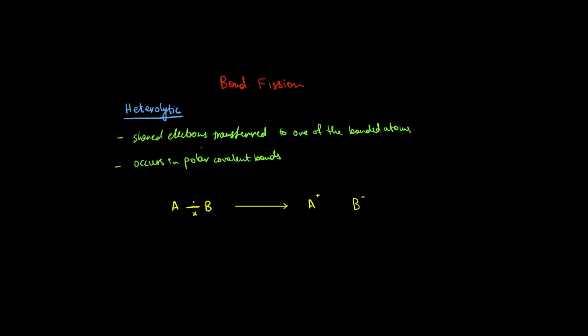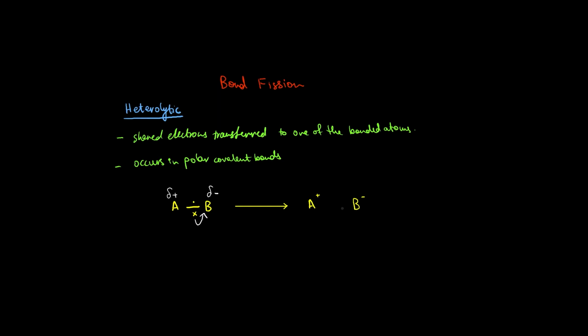Heterolytic fission occurs when shared electrons of a covalent bond are transferred to one of the bonded atoms, and this occurs in polar covalent bonds. Both of these electrons move towards the more electronegative atom. Whichever is the more electronegative atom has the partial negative charge, and the less electronegative atom has the partial positive charge. Both of the electrons go to atom B and we draw a curly arrow.